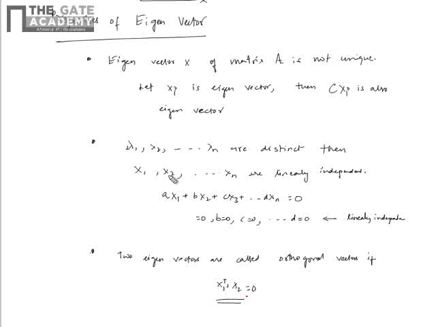Now let's move on to an important theorem called the Cayley-Hamilton theorem. We will not derive it, we will just state it and see what it means in this eigenvalue context, and then we will try to solve some problems on the Cayley-Hamilton theorem and the previous GATE questions on eigenvalues and eigenvectors.